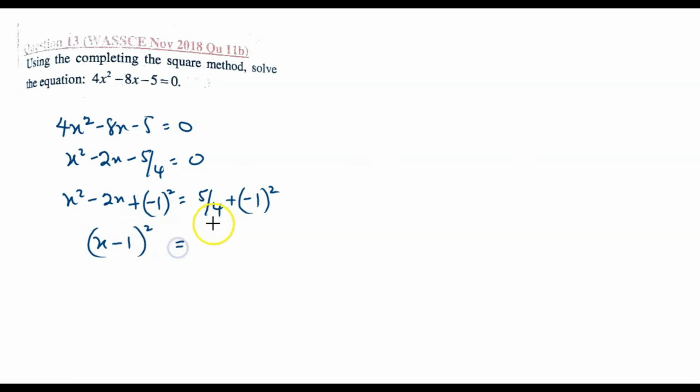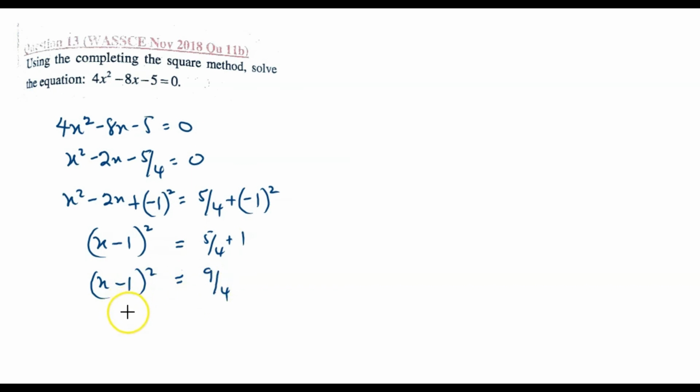And that is equal to, simplifying here, 5 on 4 plus 1. Putting it together, 5 on 4 plus 1, what do we have? That gives us an answer of 9 on 4. So x minus 1 all squared is equal to 9 on 4.